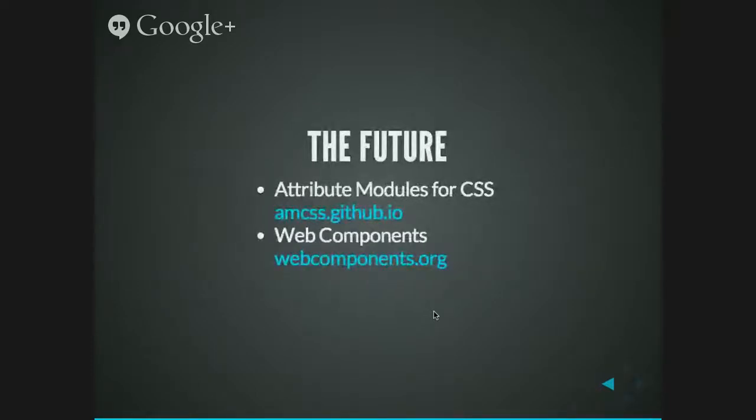I just wanted to mention that this system is still new. It's still evolving. We're using it now, but there's other stuff happening, and I don't know how long we'll keep using the system. I just discovered attribute modules, just out this month, that instead of using classes use custom attributes, and you can use these attributes with a special selector in CSS, and it works pretty well in different browsers.